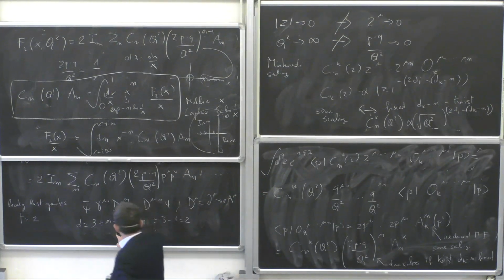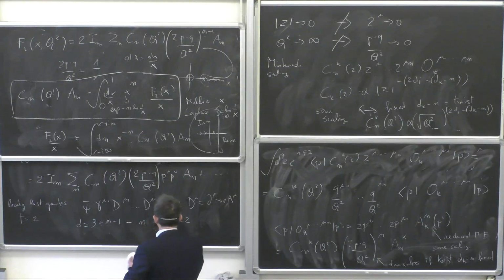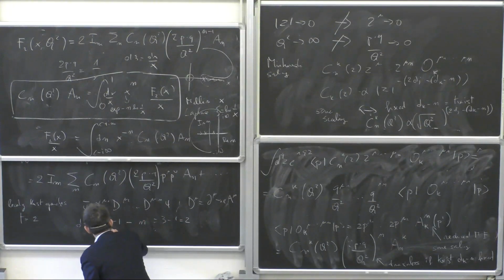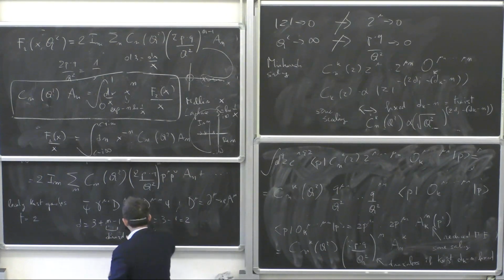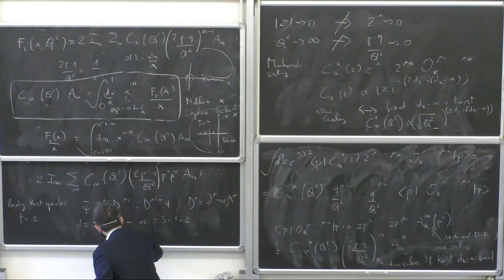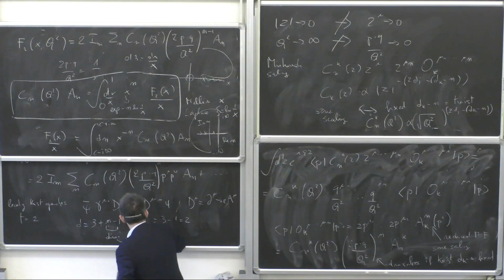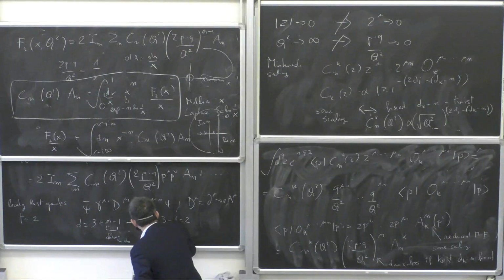So this is the dimension, which was called dn, I guess, and this is the spin, the rank.